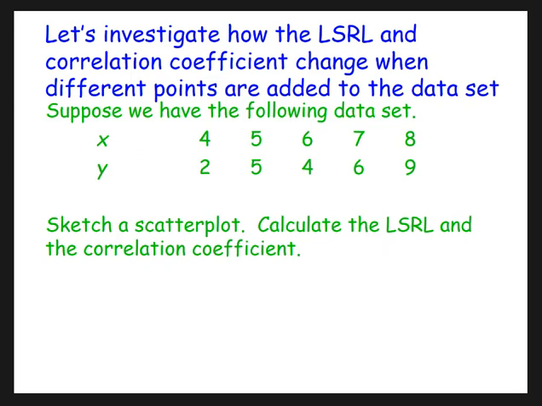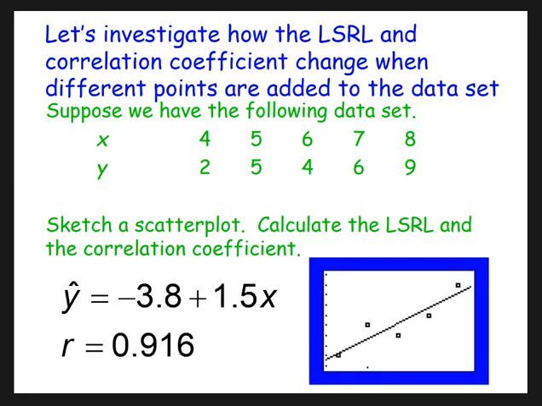So let's investigate how this least squares regression line and the correlation coefficient change when different points are added to the data set. Here we have a simple data set. We're going to sketch our scatter plot here, calculate our regression equation, and our correlation coefficient.